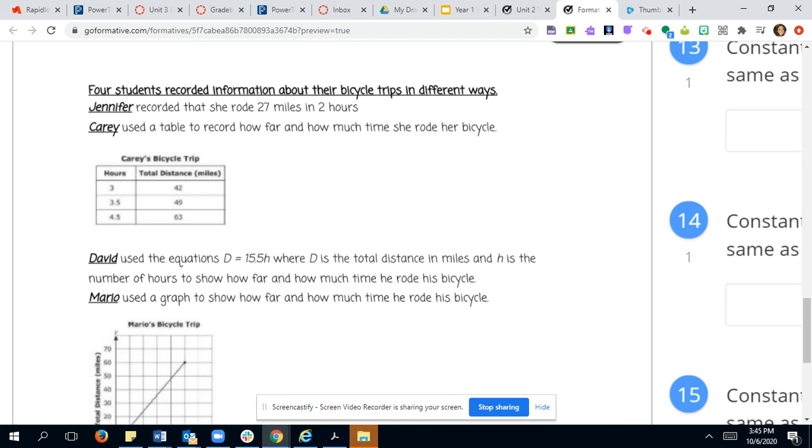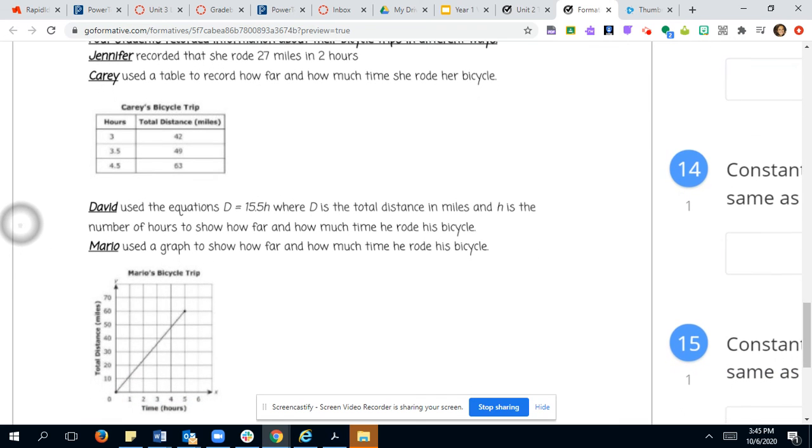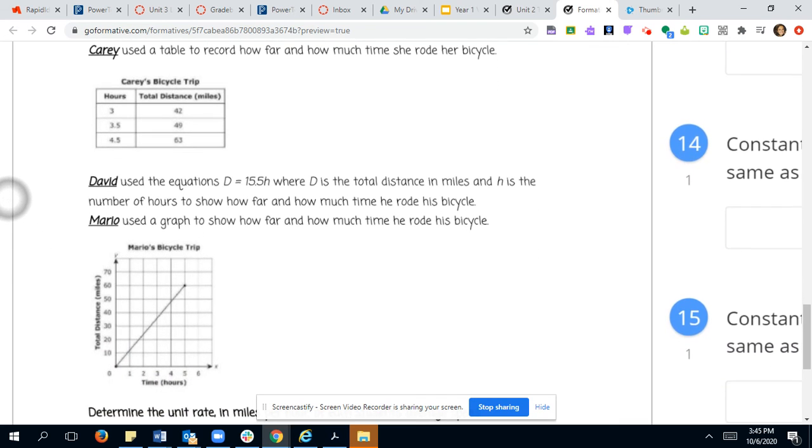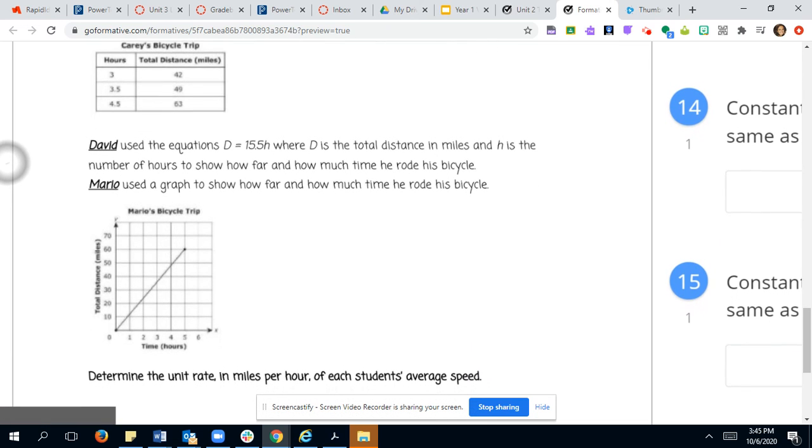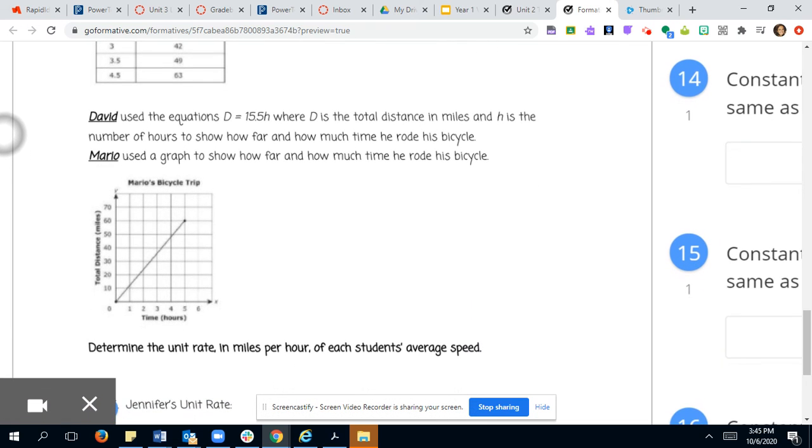David used the equation D equals 15.5h, where D is the total distance in miles and h is the number of hours to show how far and how much time he rode his bicycle. Mario used a graph to show how far and how much time he rode his bicycle.